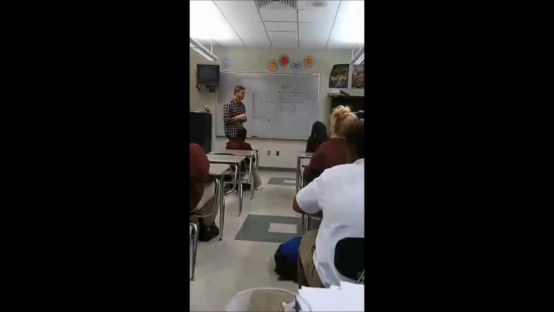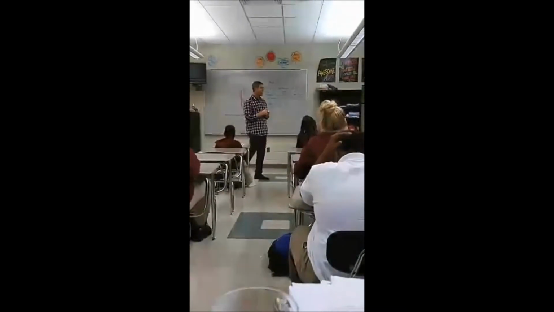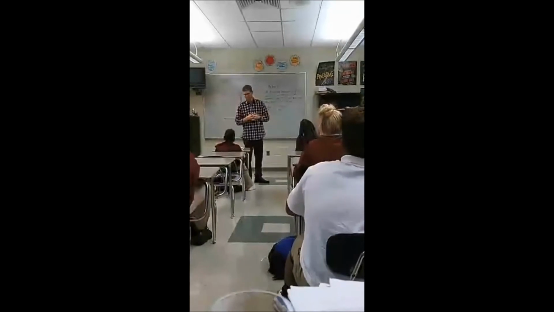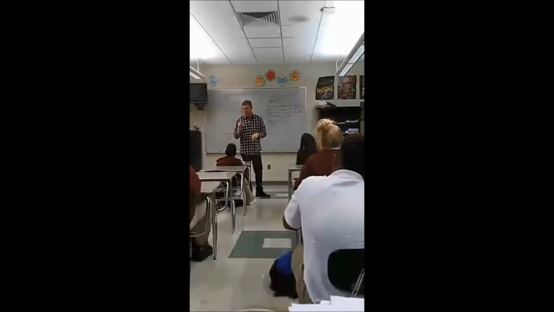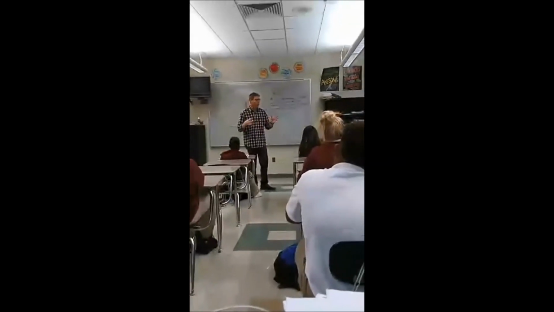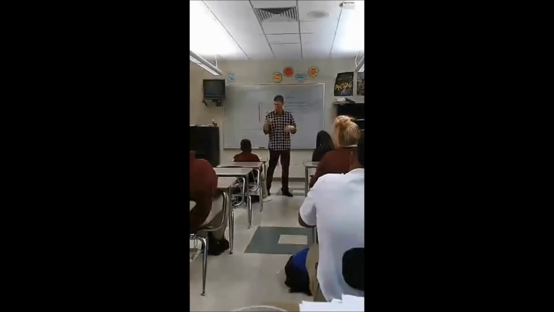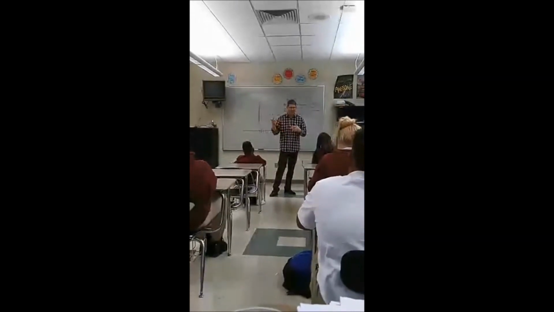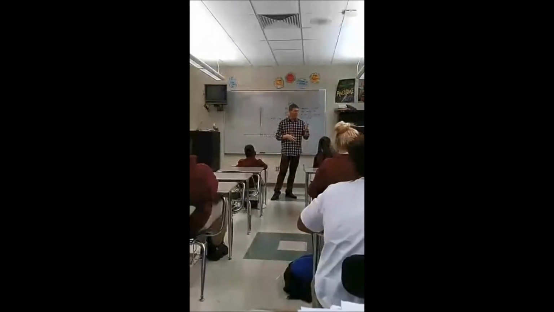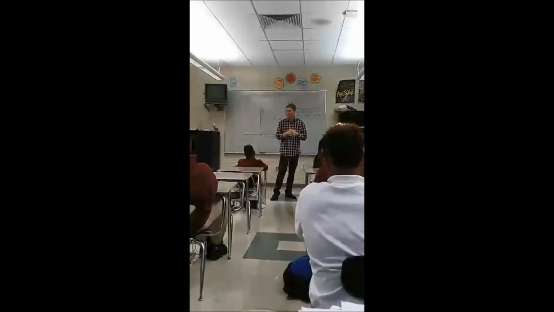So integers are all of our whole numbers. If I give you a whole dollar, that's one, right? If I give you a whole $20, that's $20, right? I'm not giving you $19.50, which is $19 and half a dollar, right?